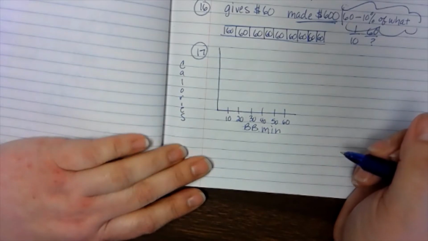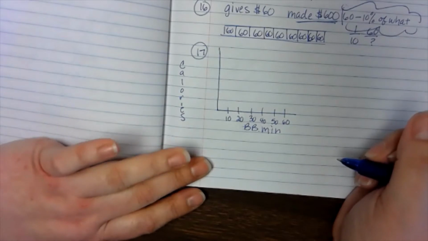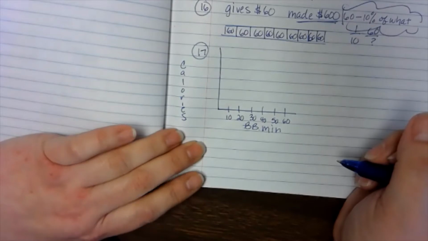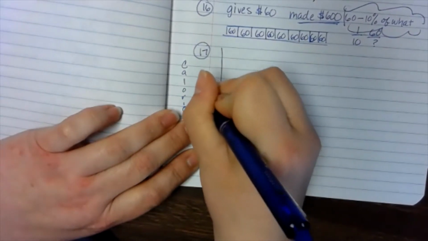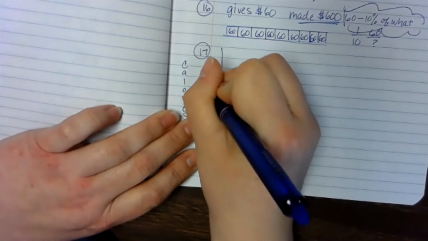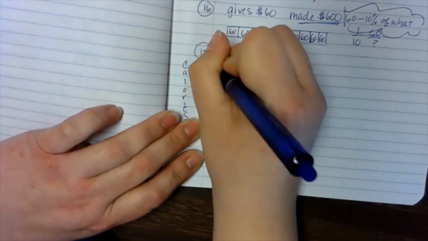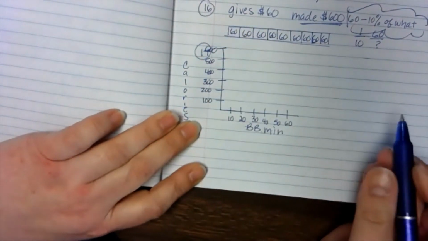They go from 94 to 565. I think I'm just going to do hundreds up to about 600. Yeah, and so I'm going to go 100, 200, 300, 400, 500, and 600. And then we'll just put them about where they go.